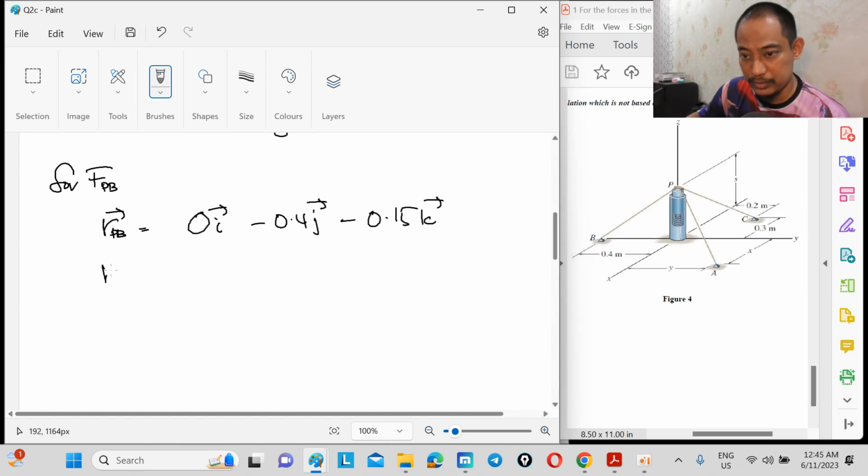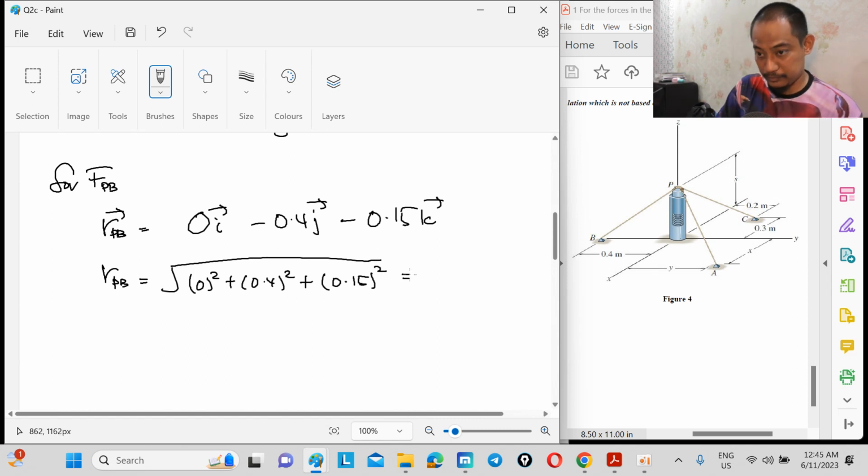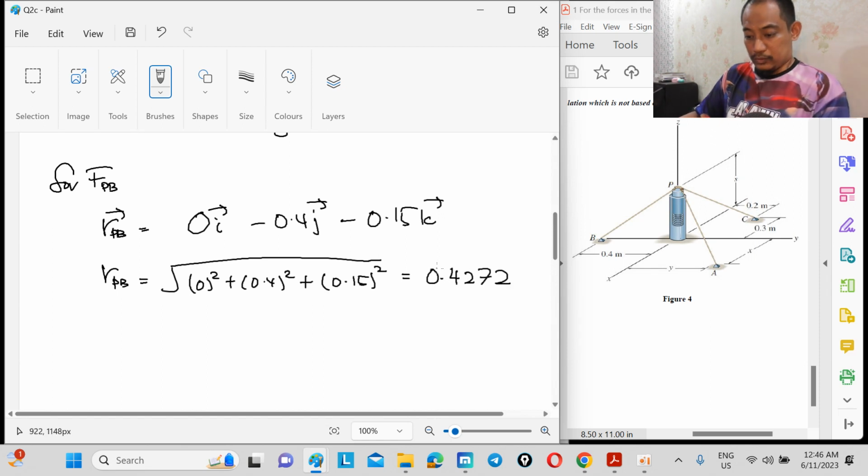So the magnitude of RPB is the square root of 0 squared plus 0.4 squared plus 0.15 squared. If you square root everything, you get 0.4272, or square root of 73/20.